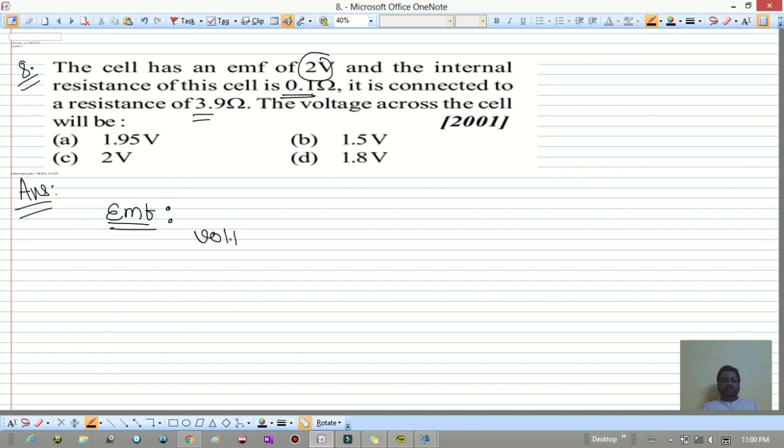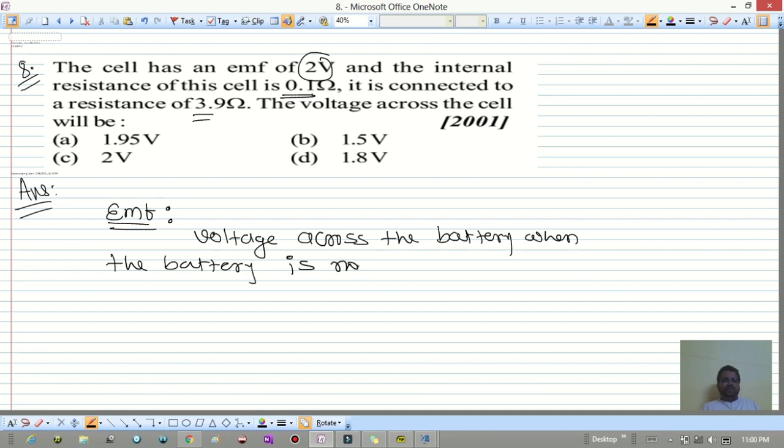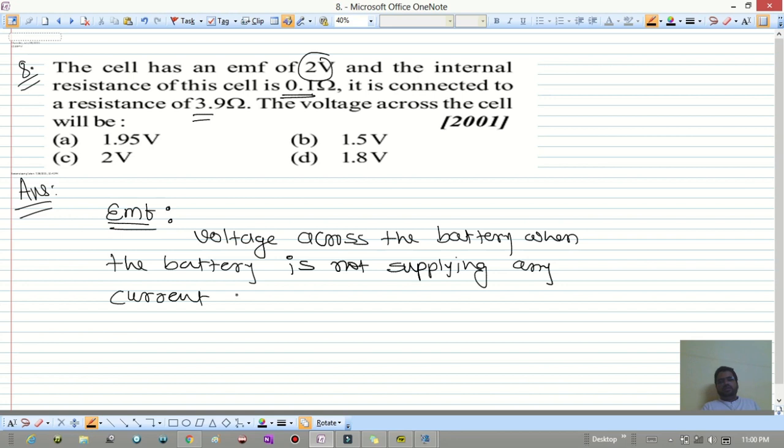the voltage across the battery when the battery is not supplying any current is called EMF.